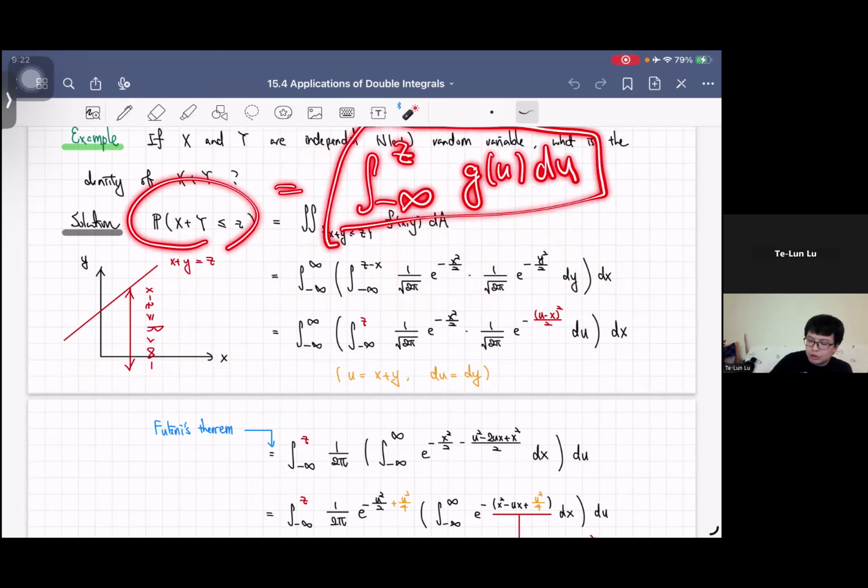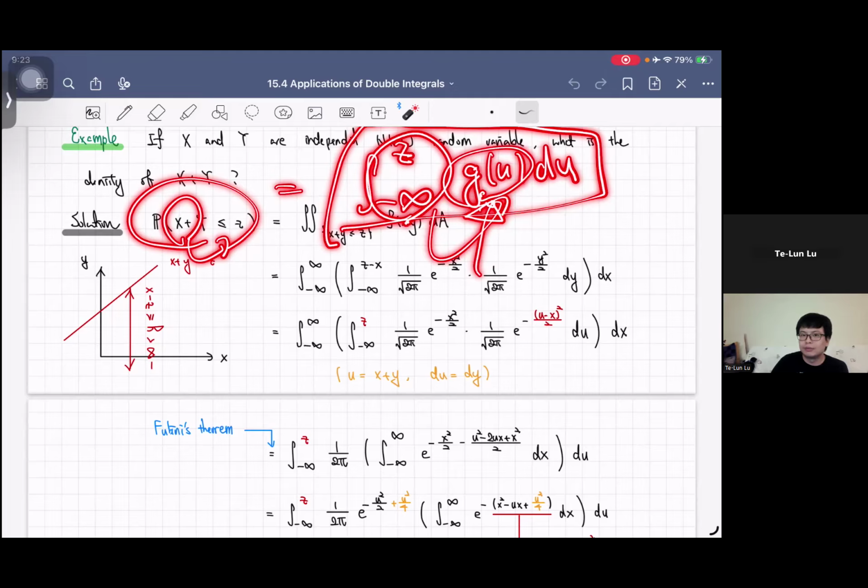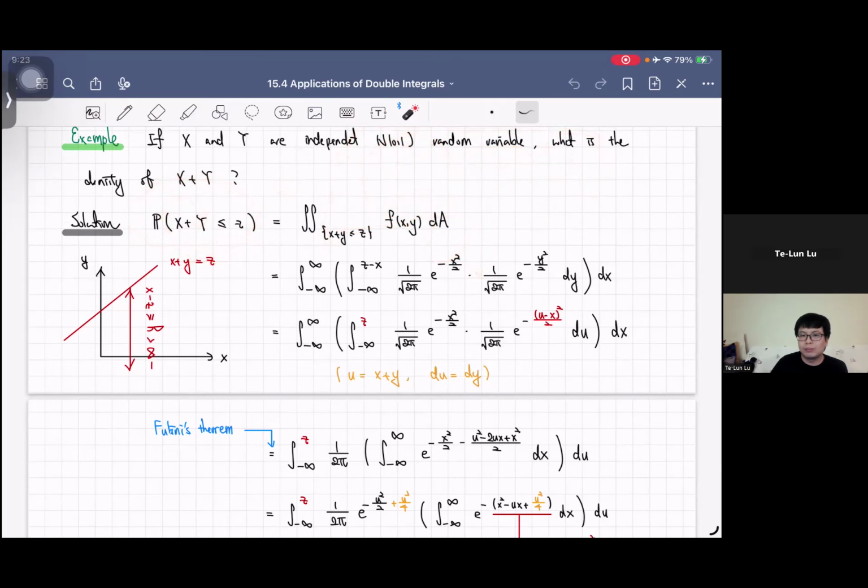Because by definition, this g(u) will be our density function. We're finding the probability of X plus Y being less than z, which is in fact the integral of some function, and that function should be our density function. So the whole goal of this problem is to rewrite this integration into some function integrated from minus infinity towards z.